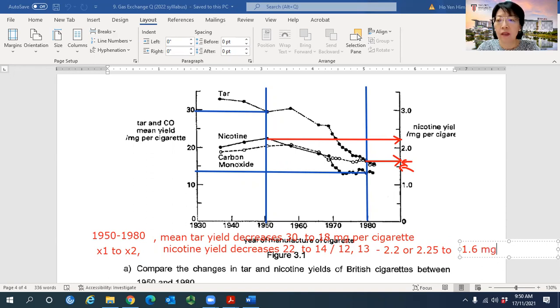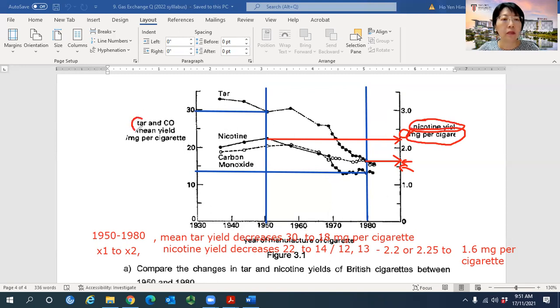Unit, please. mg per nicotine, mg per cigarette. Okay, cigarette. So whenever you label the y-axis and x-axis, this is called the label. Nicotine yield is the label, then the stroke. After the stroke is the unit. So the unit is milligram per cigarette.